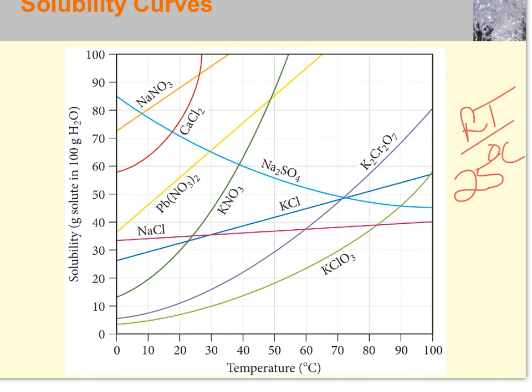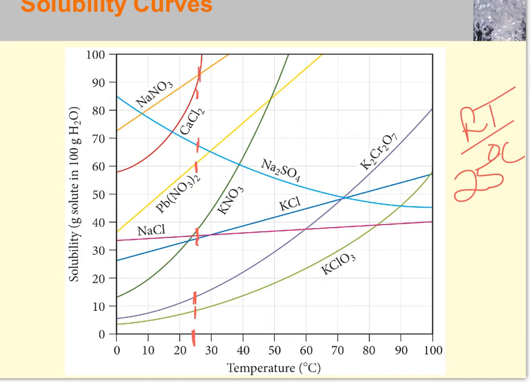Rank from increasing order. So turn off the video, make sure you can do it, and then I'll go through it with you. The first thing you need to do is mark 25 degrees, and then you're going to want to mark every single substance at 25 degrees.